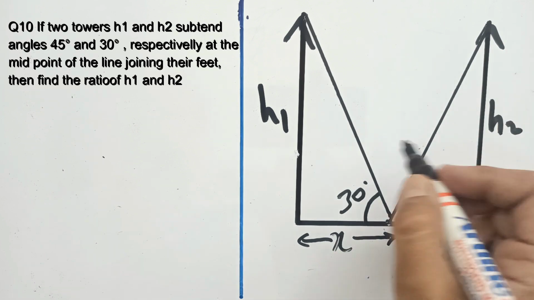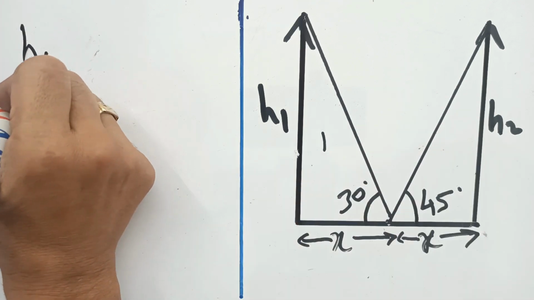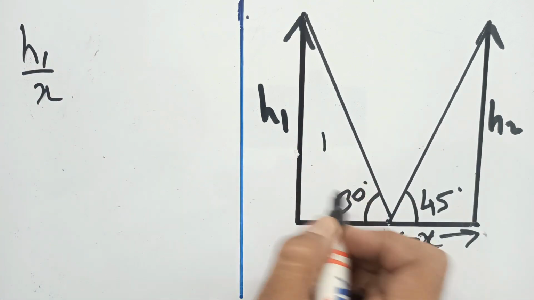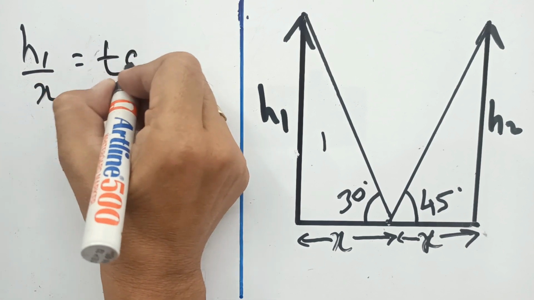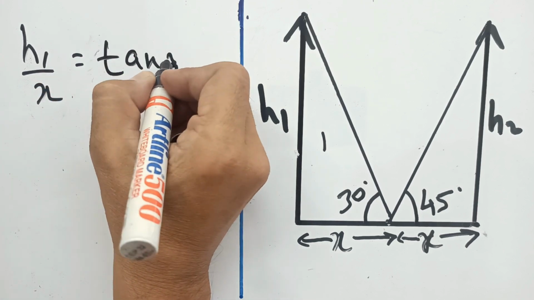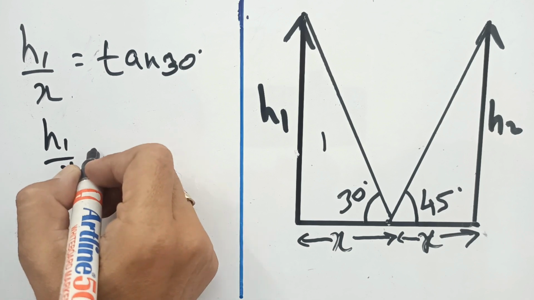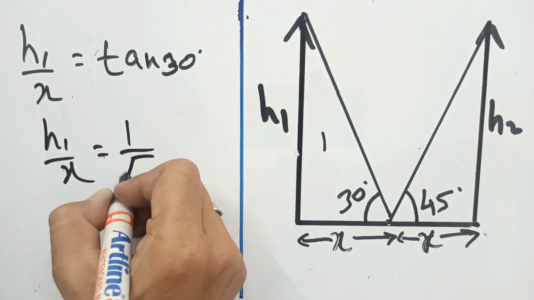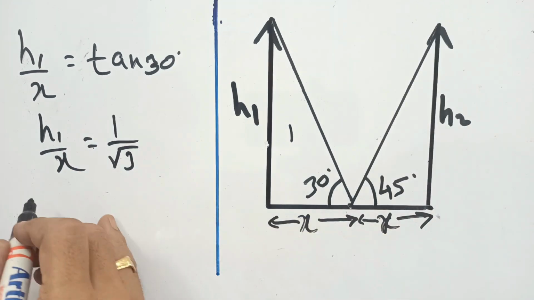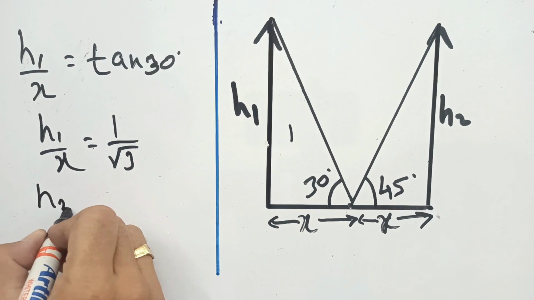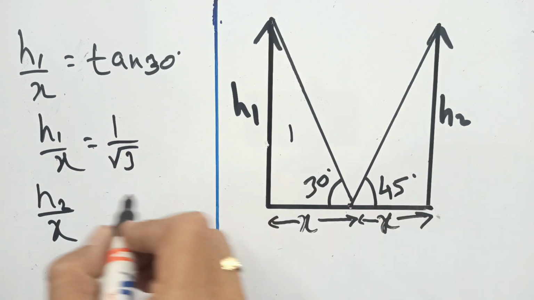Now in triangle 1, h1 upon x is tan 30. Similarly in triangle 2, h2 upon x is tan 45.